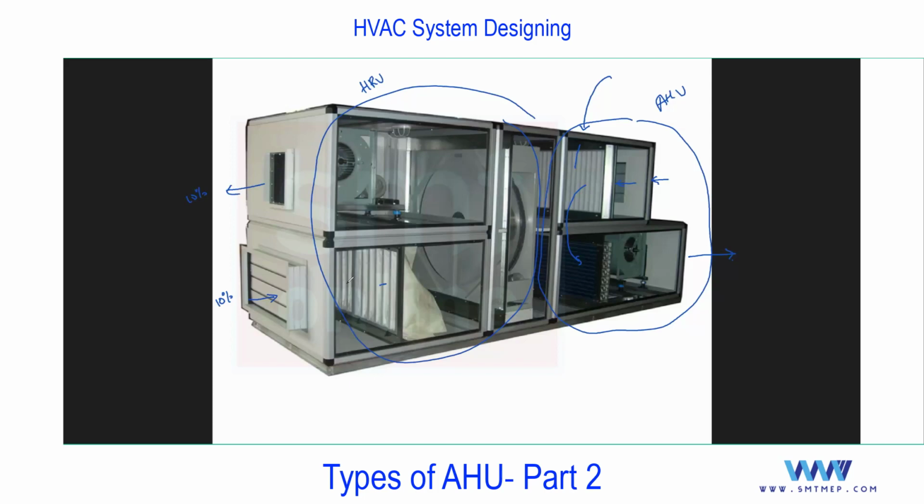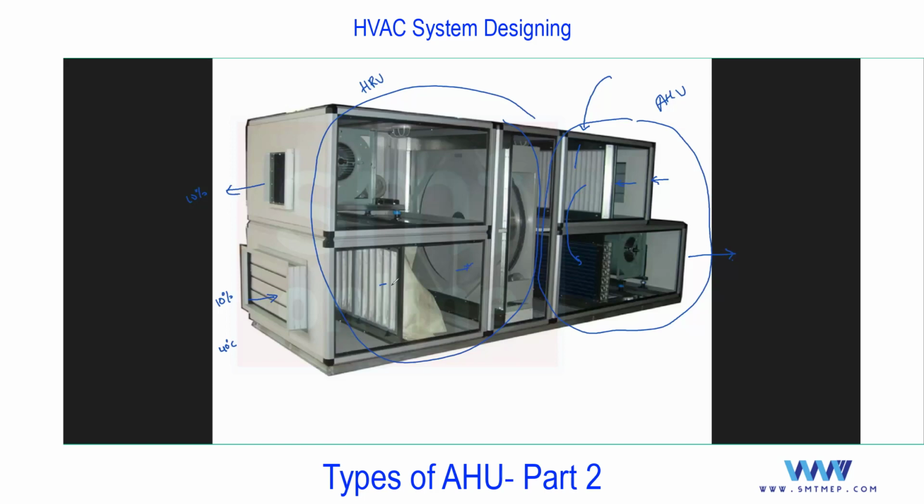Now when you take the fresh air, after filtration it will pass through a wheel, a desiccant wheel or a special wheel which will exchange the heat. For example, in summer, the hot air temperature, suppose the outside temperature is say 40 degrees centigrade. The 40 degrees centigrade air after this filtration will pass through this wheel. This is called the desiccant or recovery wheel.